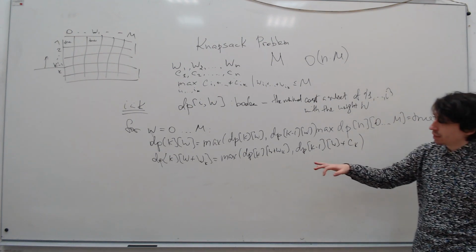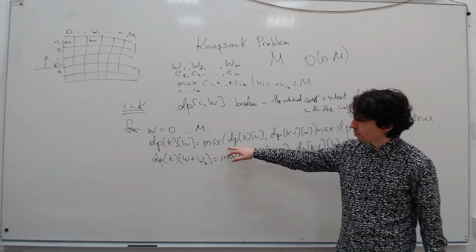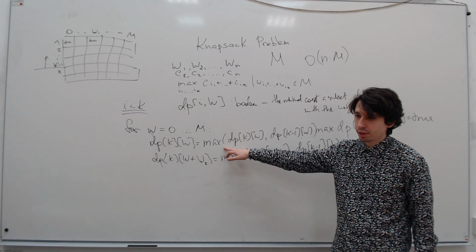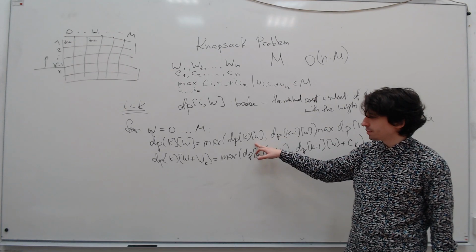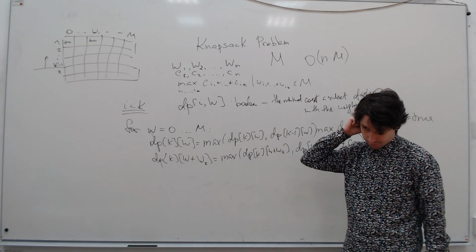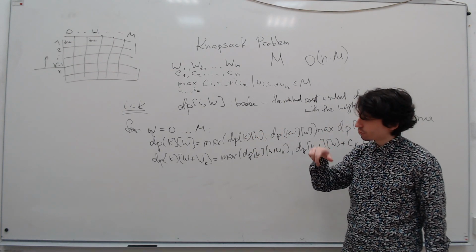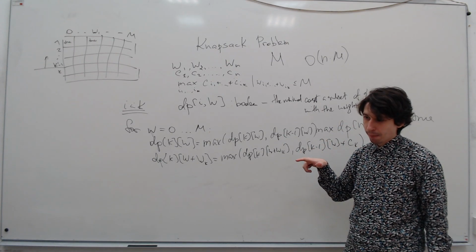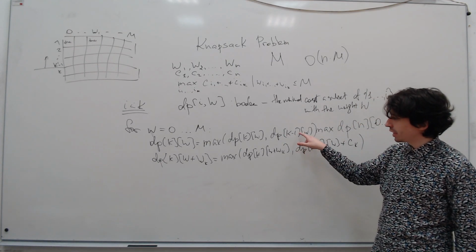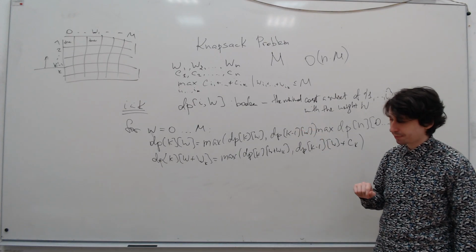So we either do not take an element, then the maximal for the first elements from 1 to k is the same as only elements from 1 to k minus 1.